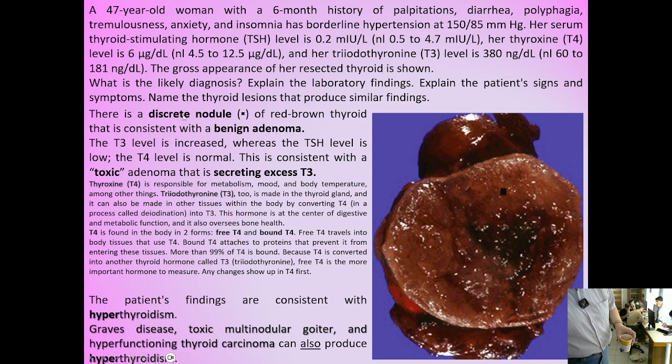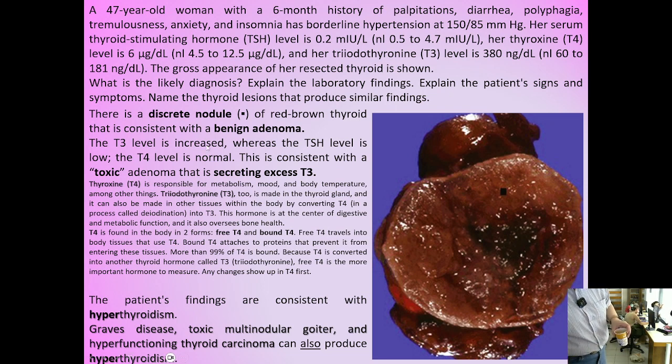So, this is a discrete nodule. It appears red to brown. It could be an adenoma under condition that it does not invade its capsule, which must be throughout the periphery of the nodule. It does not extend into adjacent thyroid tissue, and we have no vascular invasion. And always the nuclear features of papillary carcinoma must be absent.